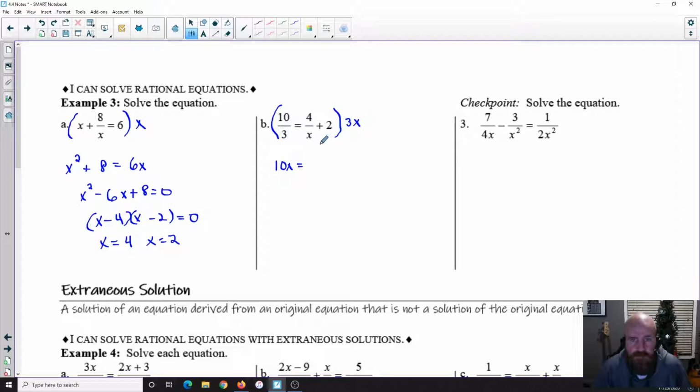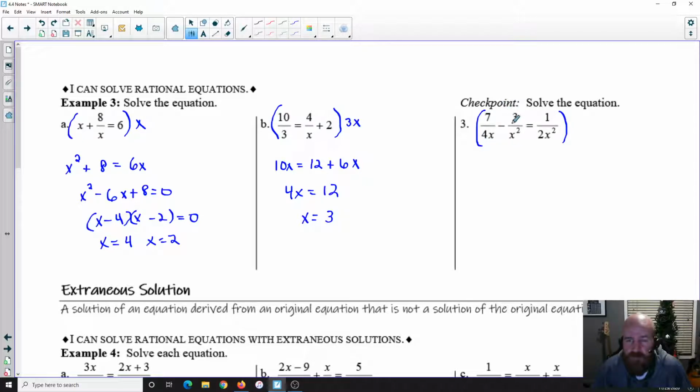So we have 4 times 3 plus 2 times 3x. Subtract 6x, divided by 4, and we get x is 3. Go ahead and pause and try that one.